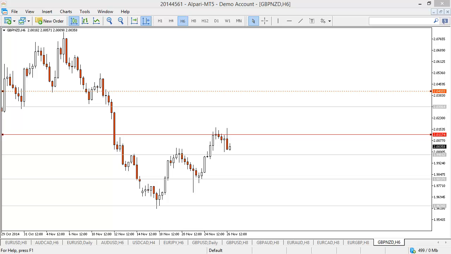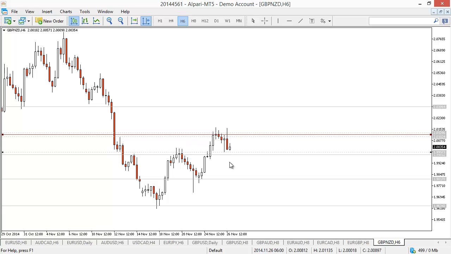You'll remember that at the end of the last webinar, I just threw up some support resistance areas for this pair. It turned out from those support resistance areas that we got a pretty decent trade last night, which I kind of wish I took.